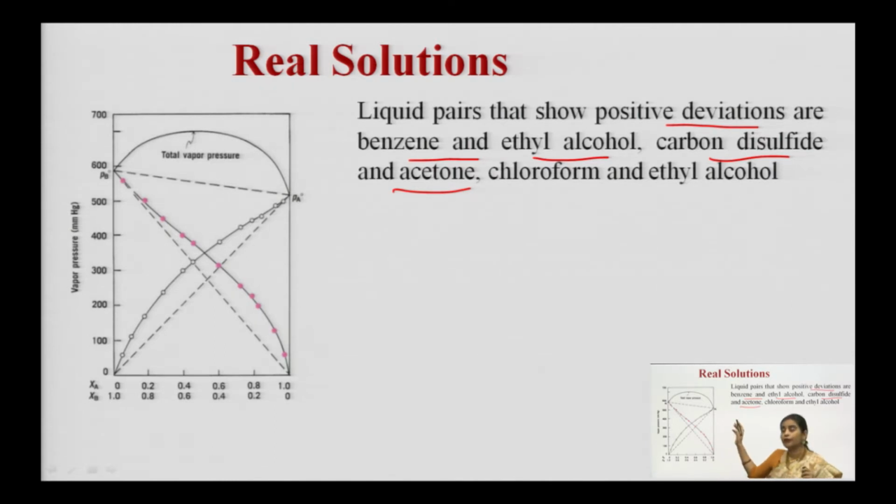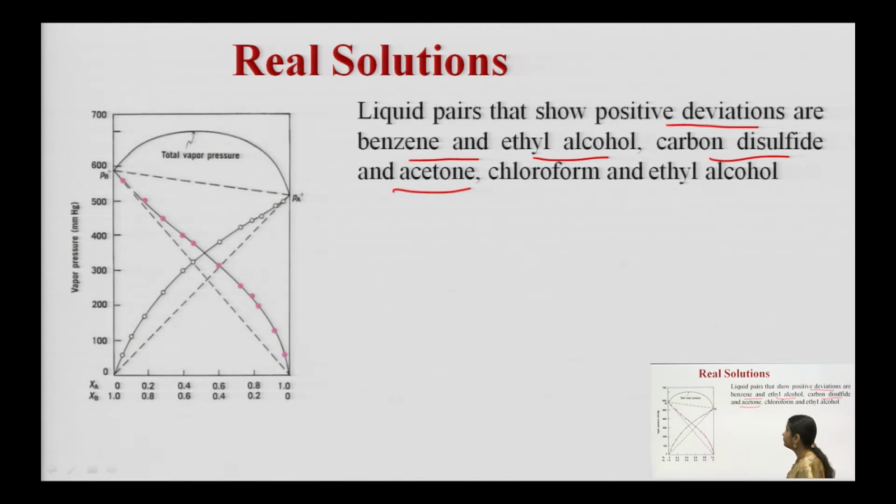So, it will not facilitate the formation of solutions. Why? Because the escaping tendency increases. Both of them try to escape from each other, so they do not get into solution.